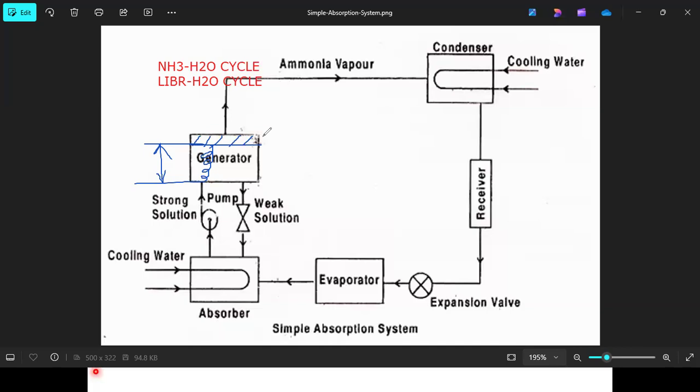Then the next destination is the condenser. So what is a condenser? As the name implies, a condensation process takes place. For that we need a heat exchanger, HX. We can study the types of heat exchangers later. Here we will use cooling water, taken from lakes, rivers, or cooling towers.